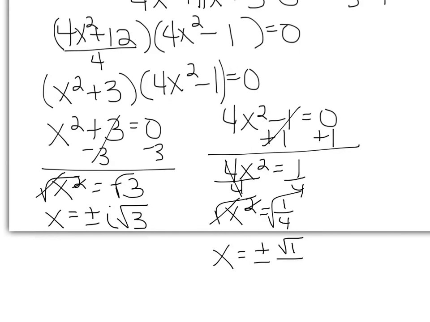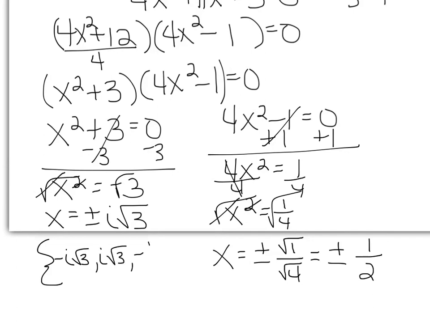I'm going to go ahead and break that up into the square root of 1 over the square root of 4. We know the square root of 1 is 1 and the square root of 4 is 2. So my answers are negative i square root of 3, i square root of 3, negative 1/2, and positive 1/2.